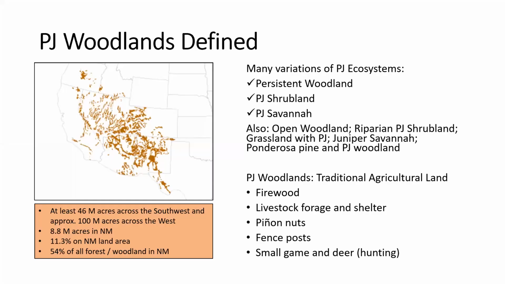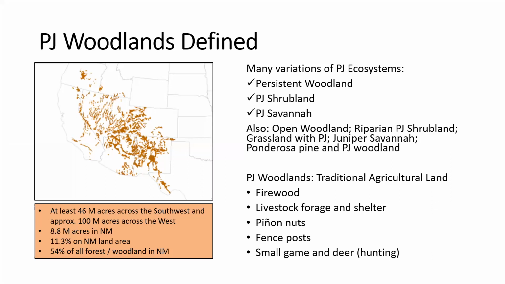So first, a little bit more about pinyon juniper woodland ecologies. They're one of the most important and expansive forest types in the western United States, stretching from western Texas in the southeastern corner of their area across the country, all the way to central Oregon, across about 10 states, as indicated in this image here.